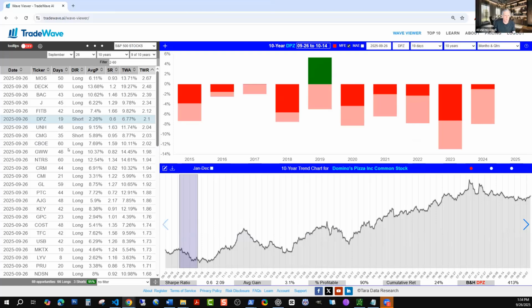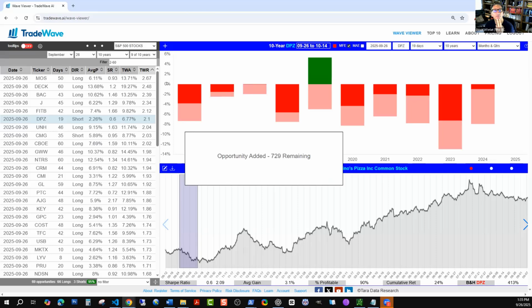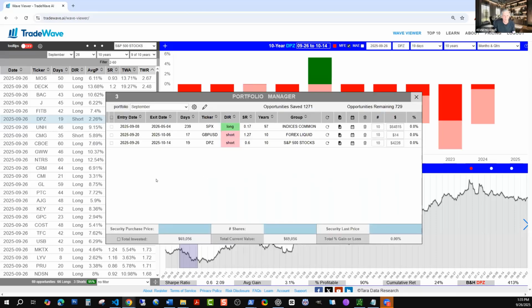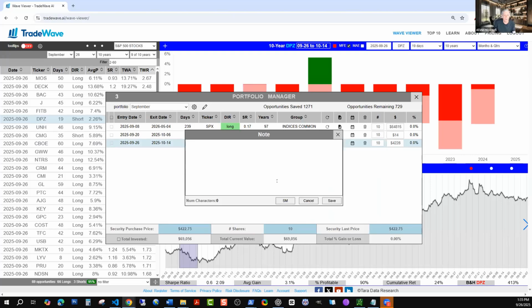When I select either something that's on the opportunity manager, or I make adjustments to it, and then I click on plus and add it to a portfolio that I already have selected, for example, this is the DPZ here, you can write notes about it that get saved in this. Okay. And I put my thoughts in there, or what I want to remember.